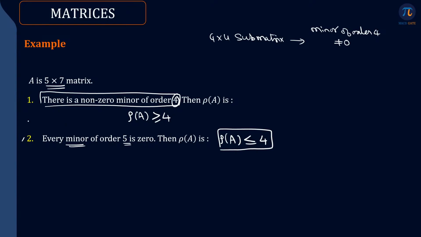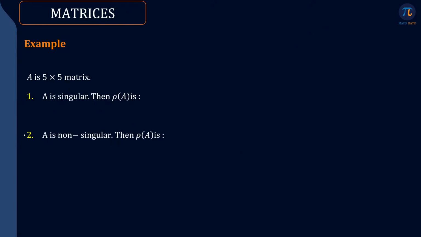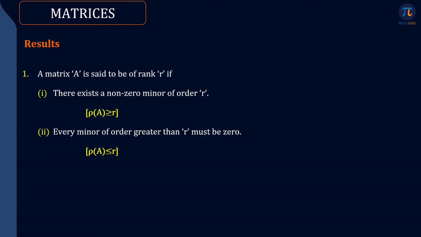Sometimes the combination of these statements is also taken as the definition of rank. Of course, we take it as a result. This is also taken as the definition of rank. A matrix A is said to be of rank R if there exists a non-zero minor of order R. A non-zero minor of order R means rank can be R or more than that.